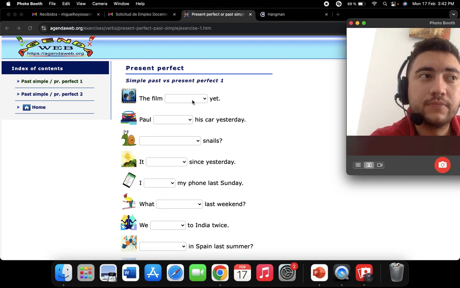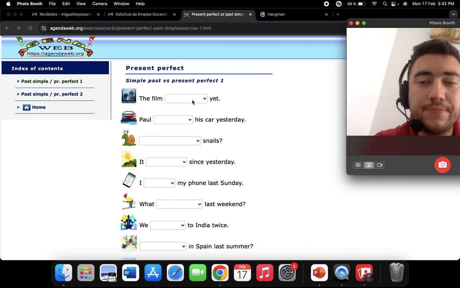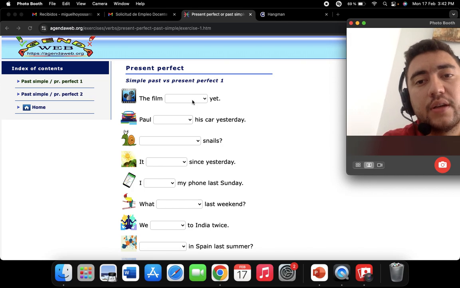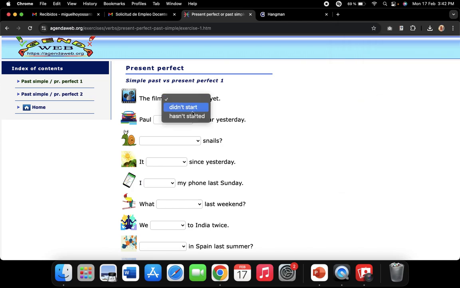So the specific time is for simple past, but unspecified time we use present perfect. So the film hasn't started yet. Paul has cleaned or cleaned. Remember, we're using a specific time, in this case yesterday. So Paul cleaned his car yesterday.